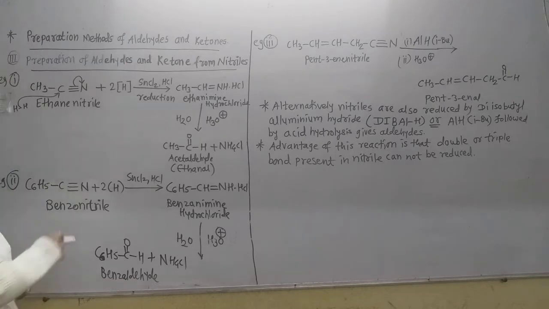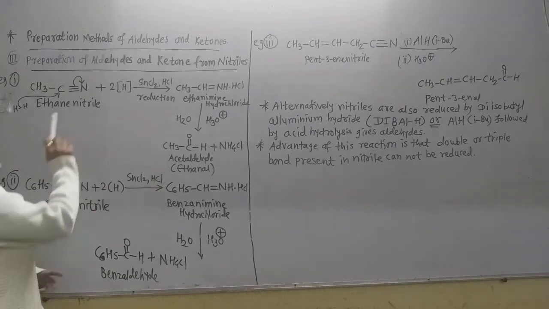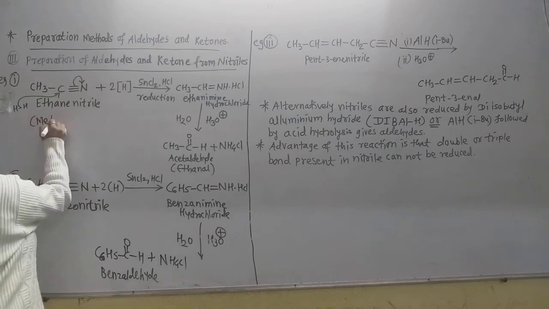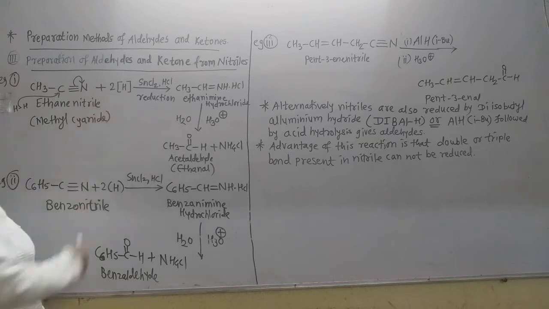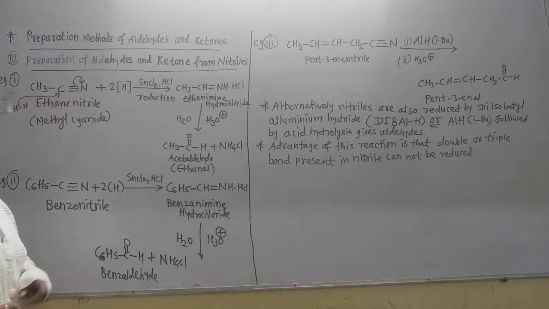Now this is ethane nitrile, also called methyl cyanide or methyl nitrile. You can write down the word ethane because there are two carbon atoms and a nitrile.